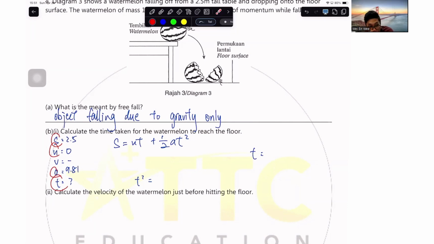0.50968399 is T squared. Is it? Oh, yeah, I think. So 0.714, is it T? I got 0.714. If square already, it's around 0.5.